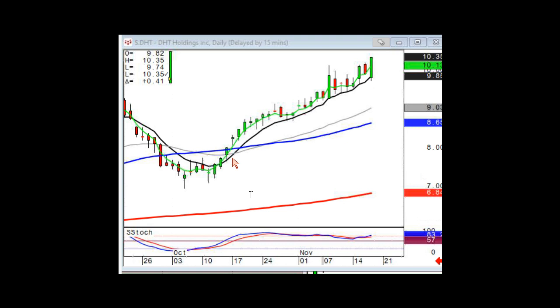Oh, but that can't be true. This is a bad sector, and it goes straight on up. It didn't take too long to realize when I was looking at these signals, it wasn't because somebody was thinking about buying or selling. This is actually what they were doing. Their actual decisions are built into these charts.